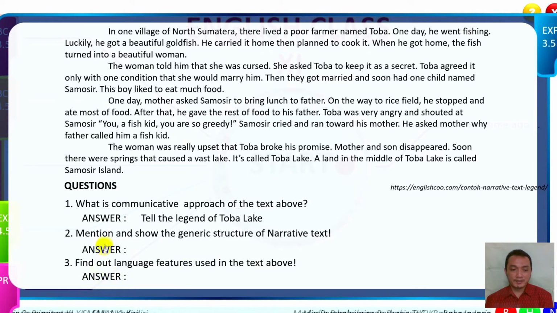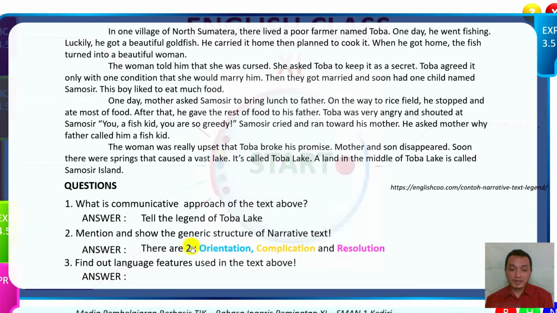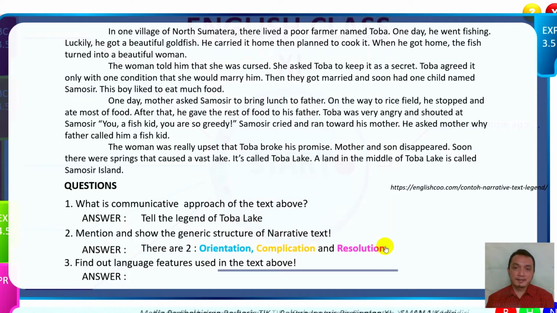They are orientation, complication, and resolution. So there are three generic structures in narrative text. When you make a narrative text, you should have three generic structures. The first, orientation. What is the orientation? The orientation is the paragraph that consists of the introduction of the actors, the setting of the story, and also where and when it happens.